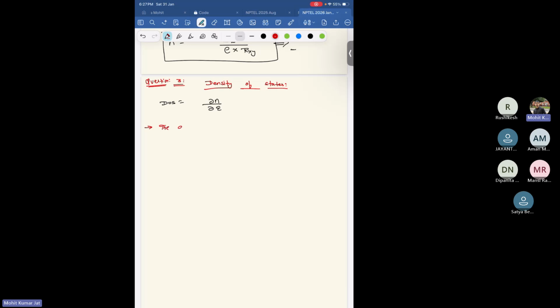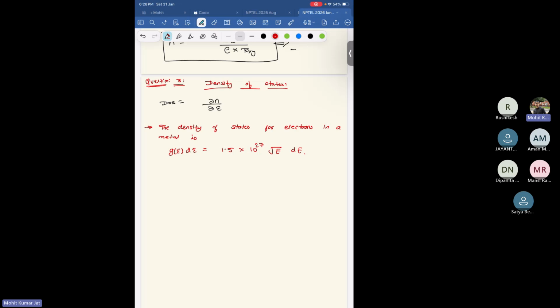The density of states for electrons in a metal is g(E) dE equals 1.5 times 10 power 27 square root of E dE.